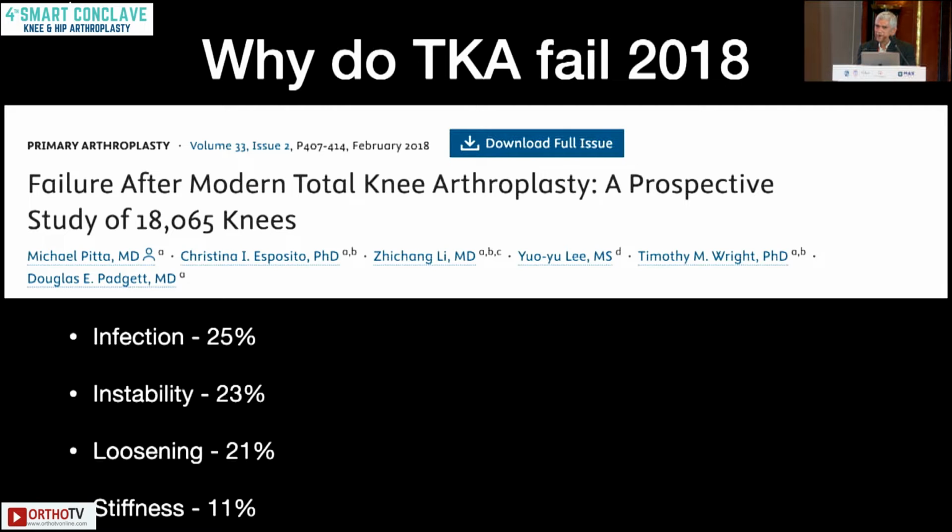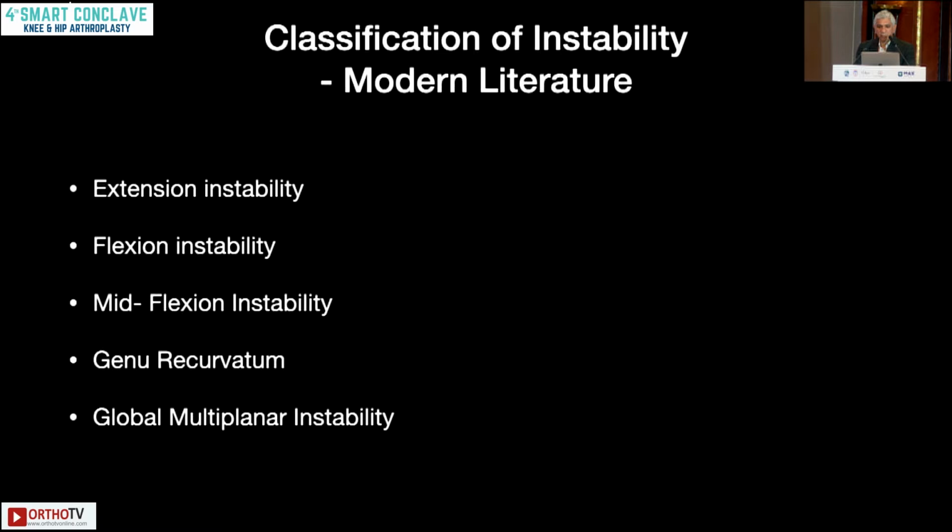Though the instability is going down slightly with our understanding, and possibly with robotics it may go down even further, this still remains a problem, which is sometimes underdiagnosed with a conventional knee replacement.